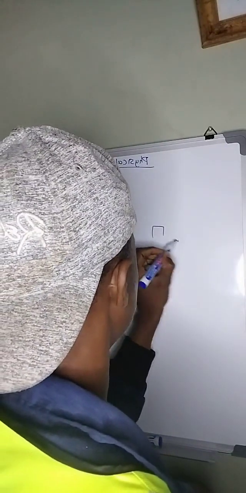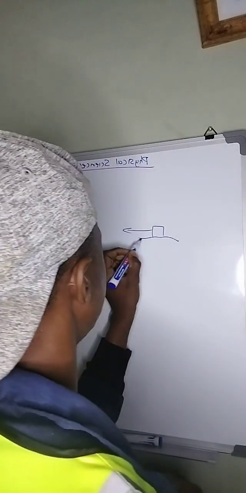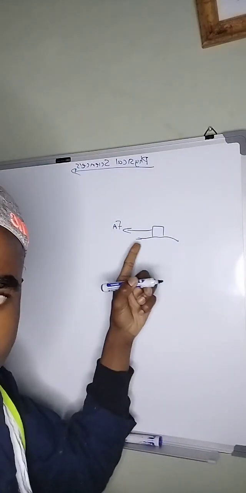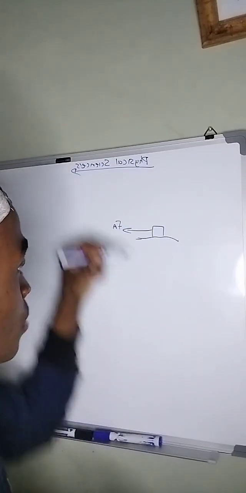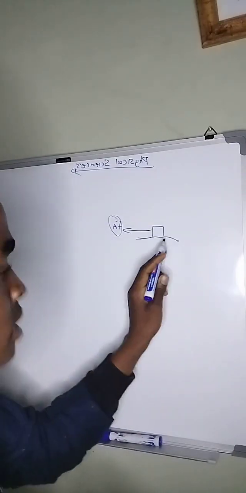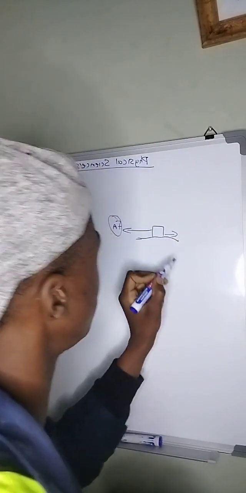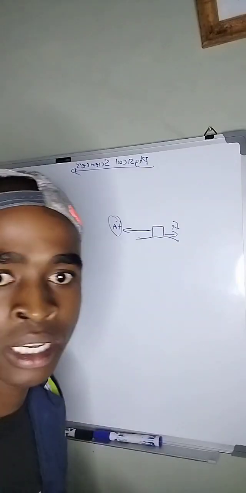Now, physical sciences. Let's catch up. So, I want to talk about this force being pulled in that direction with the F applied. This is going to be our F applied, and let's assume that the surface is rough, we are going to have our friction acting in that direction, right?